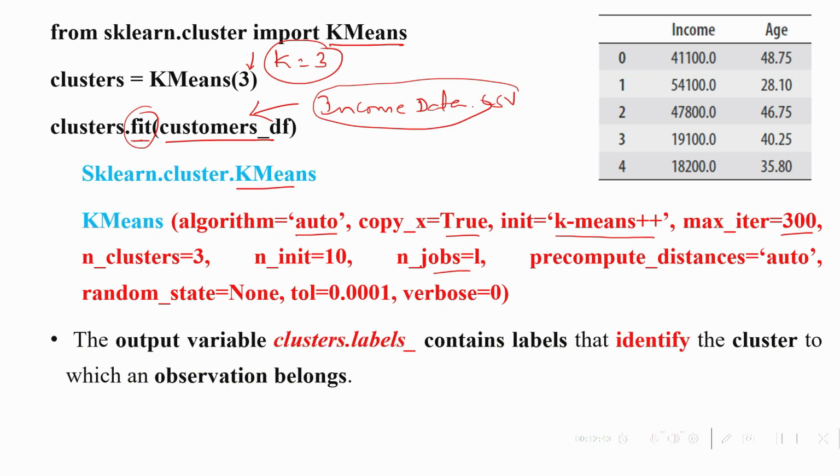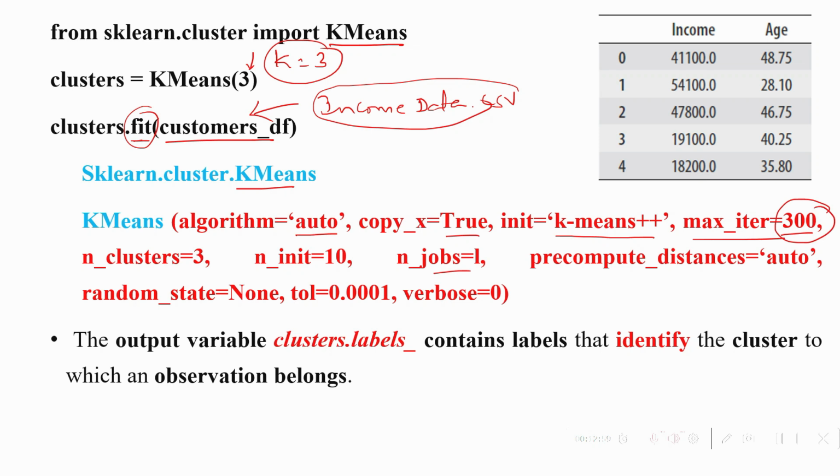There are different types of parameters like that. These are called hyperparameters. According to your requirement, we can change all these parameters. Here the default number of max iterations is 300.